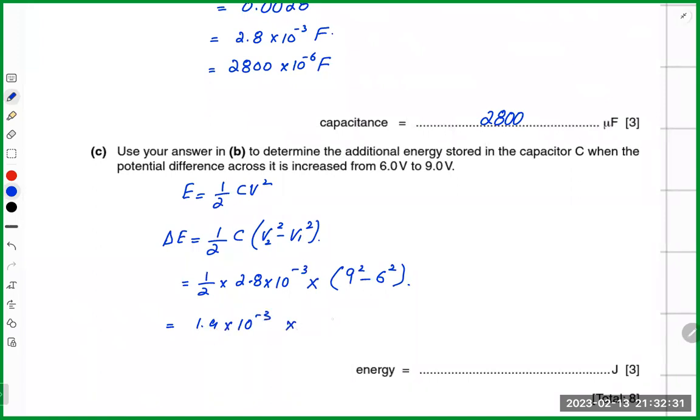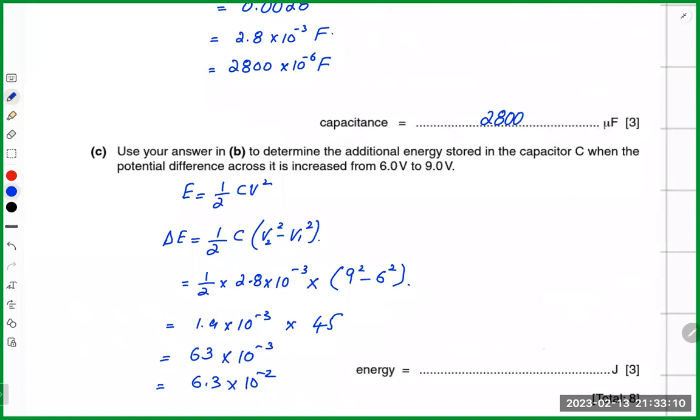81 minus 36 is 45. 45 into 2.8 into 10 to the power minus 3 over 2, it will be 6.3 into 10 to the power minus 2.